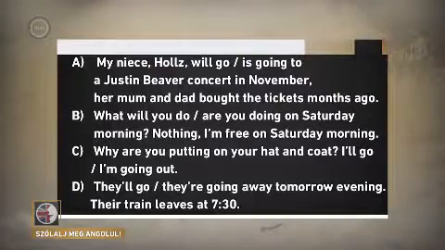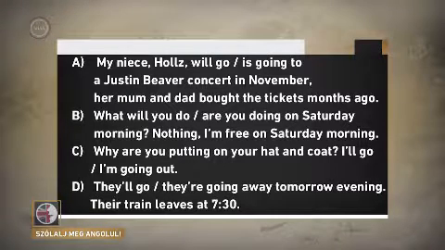Have a look at these sentences and then together we'll check to see which ones use will and which ones use going to. My niece, Holly, is going to a Justin Bieber concert in November. Her mum and dad bought the tickets months ago.